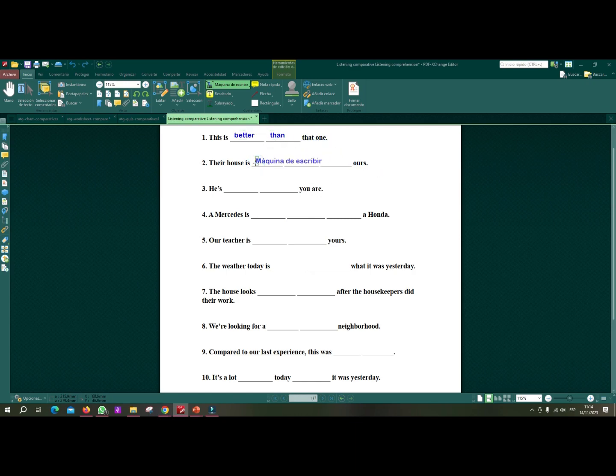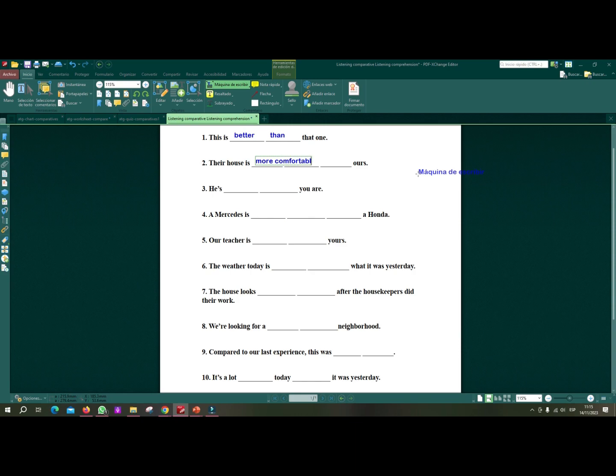Let's see number 2. Their house is ours. Miss Anna, do you have it? No? Carolina? No. So, their house is more comfortable.